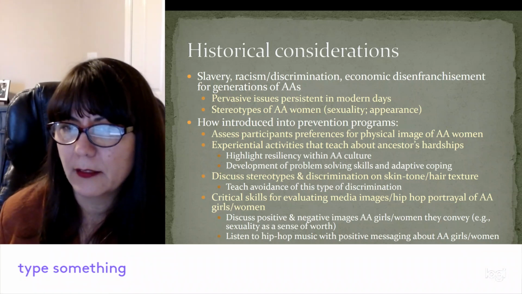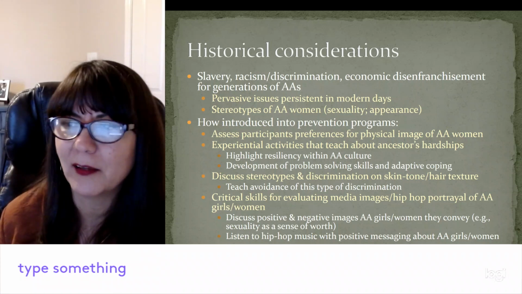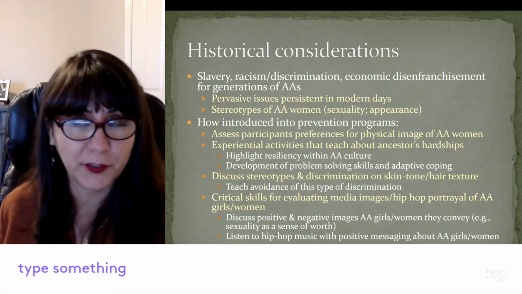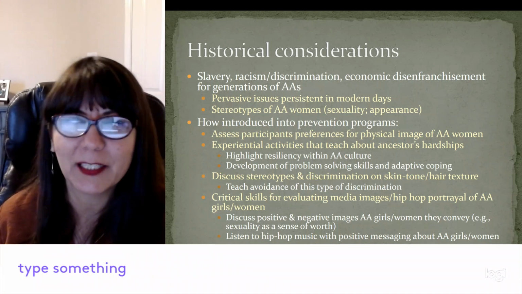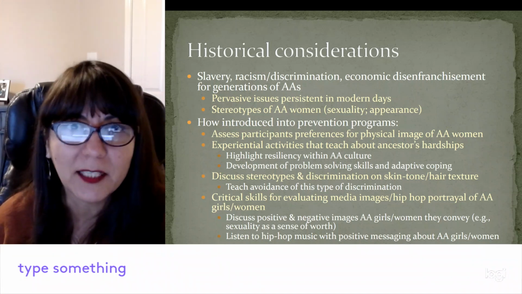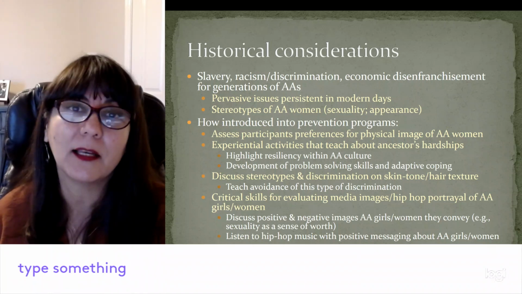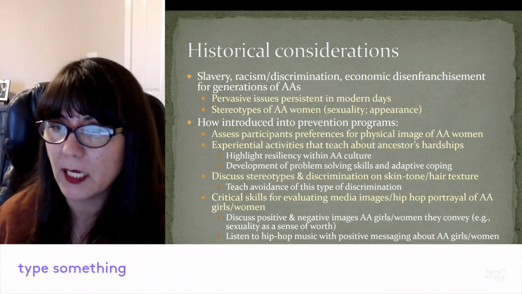So the way they addressed these was to talk about their preferences for their physical image as African American women. Talked about diversity in appearance across different African American women.